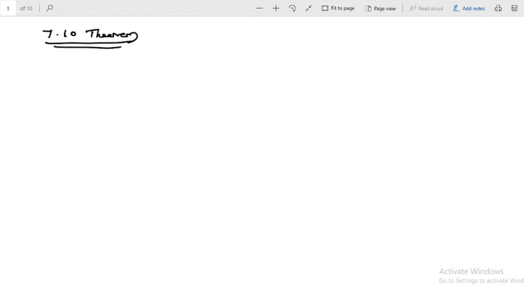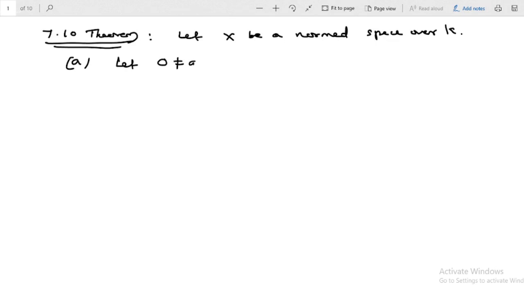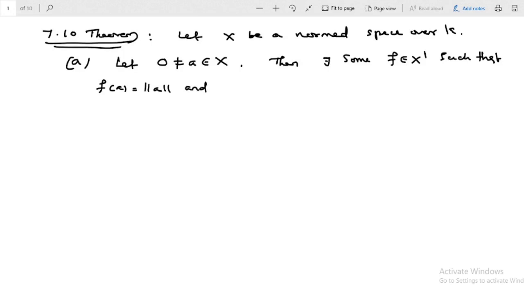So, let X be a normed space over K. First result: (a) for non-zero a in X, there is some continuous linear functional f on X such that f of a is equal to norm a and norm of f is equal to 1.